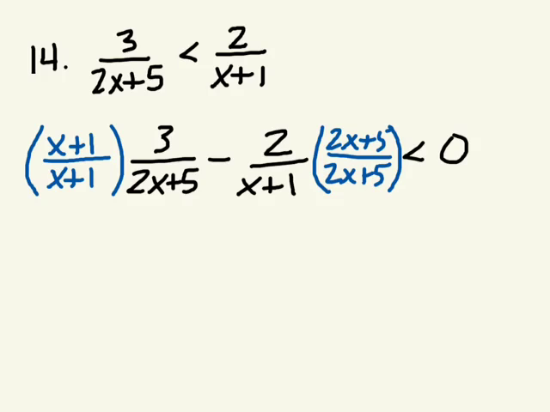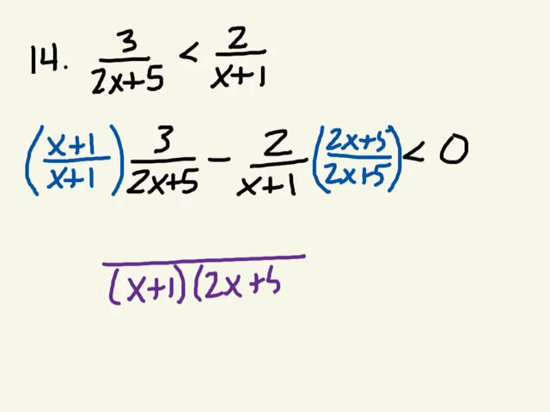My new denominator is x plus 1 times 2x plus 5. And in my numerator, I'm just going to distribute. So here I need to distribute my 3 through, 3x plus 3.